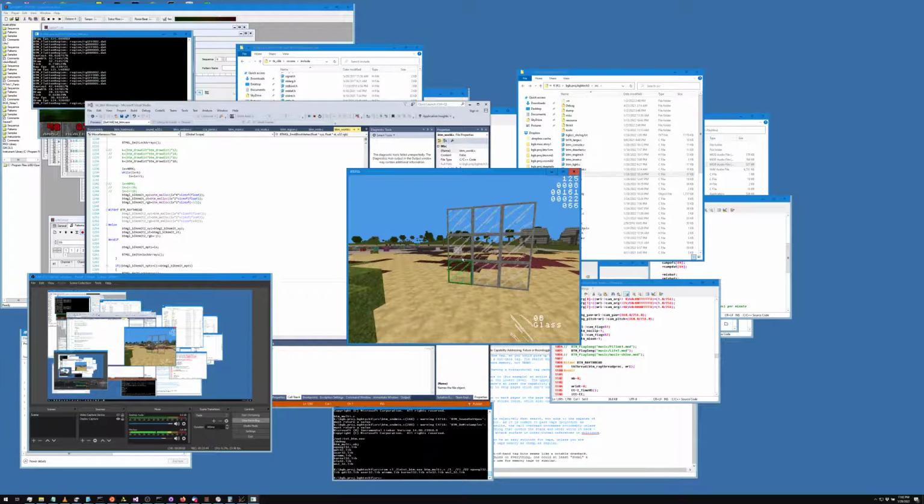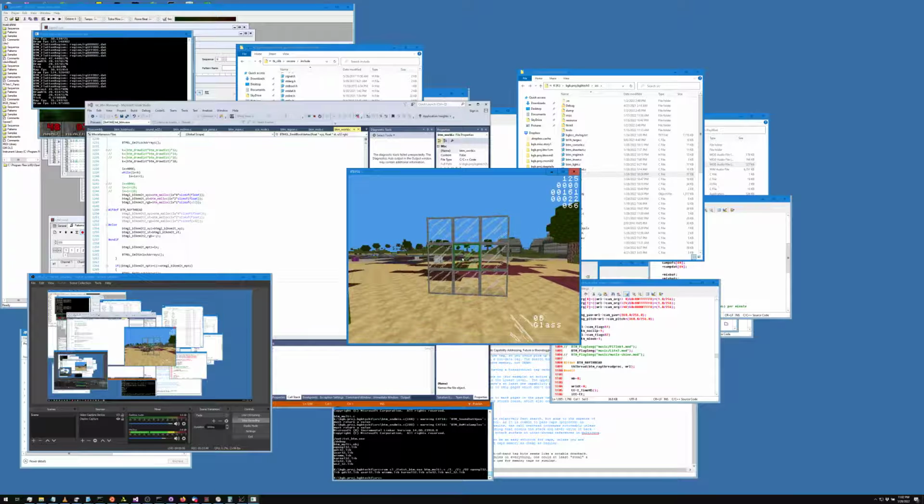In theory, I could add S3M playback or some other formats, but I'd have to write code to do so.